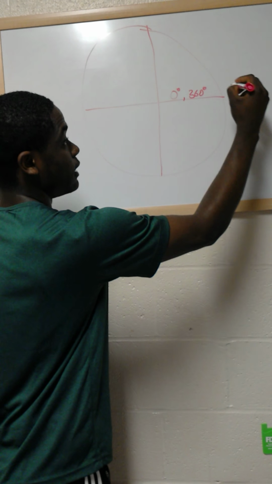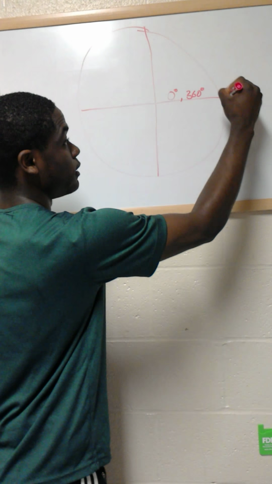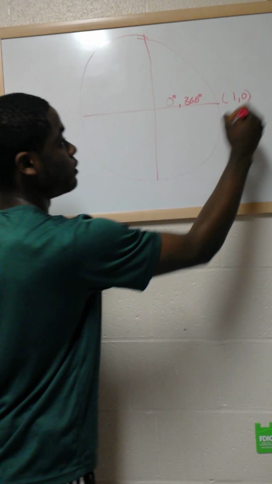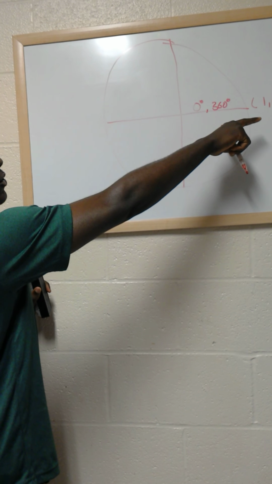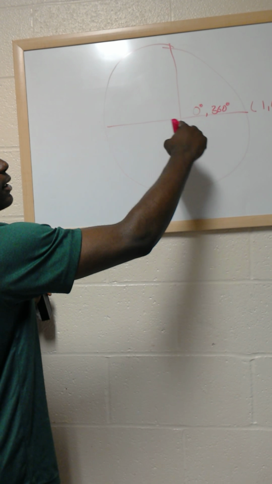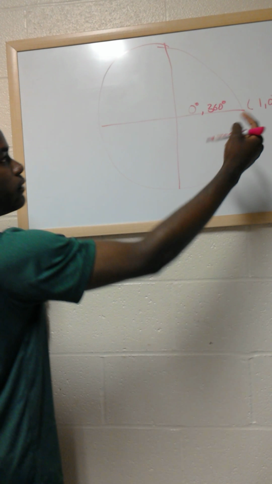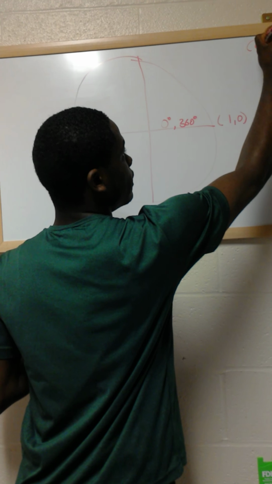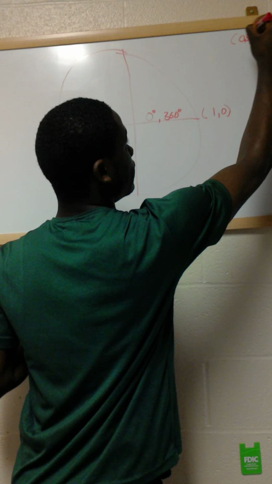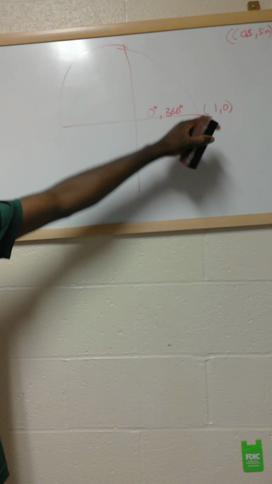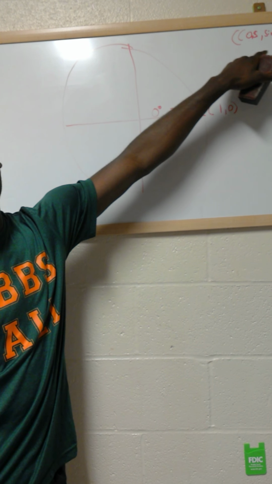The coordinates for this side are 1, 0, because the x coordinate is 1 and the y doesn't go anywhere, so that's 0. You need to know that you have a cosine and a sine. So the x is cosine, the y is sine.